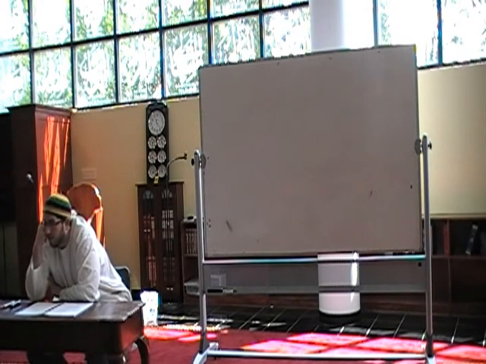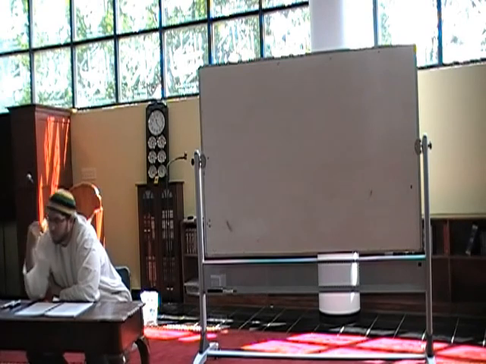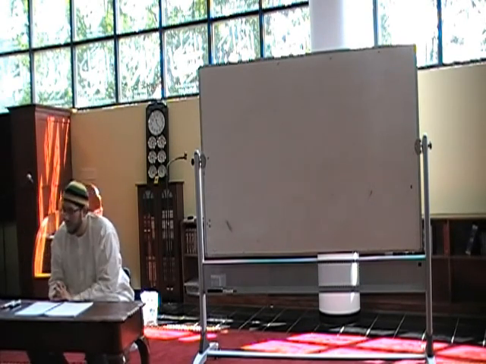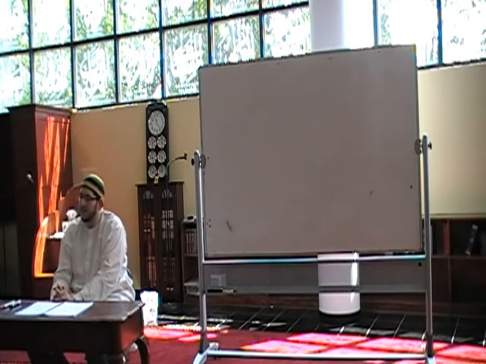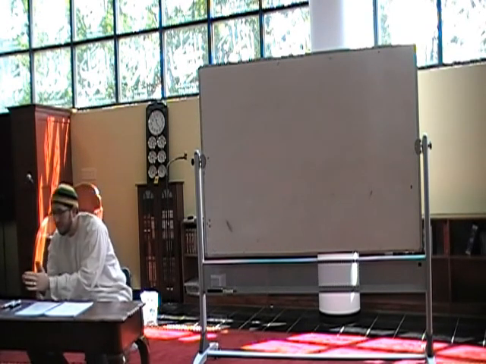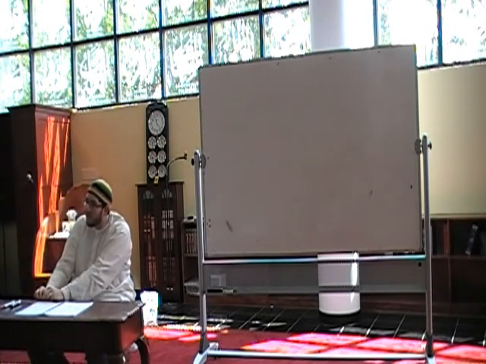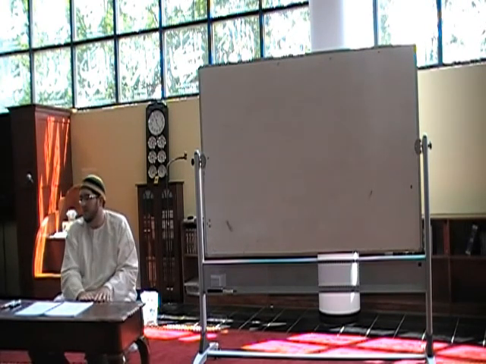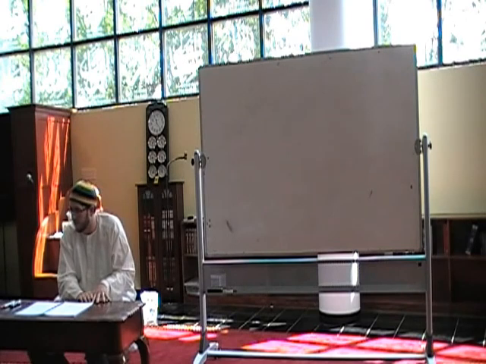It's actually the mudaf ilay, tanzil al-aziz. Tanzil means revelation, or the thing that's descending. So tanzil is the thing that's being possessed, mudaf. Al-aziz is the possessor. Al-aziz is actually a description of Allah subhanahu wa ta'ala.